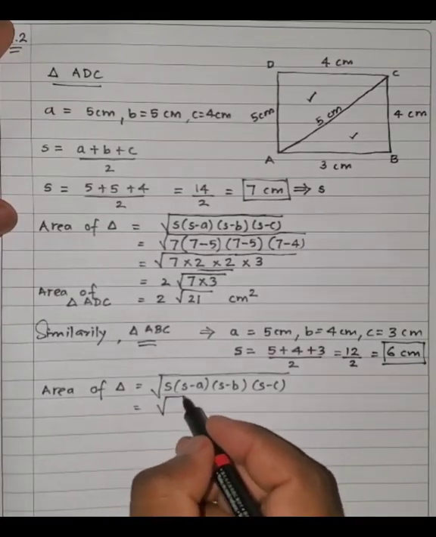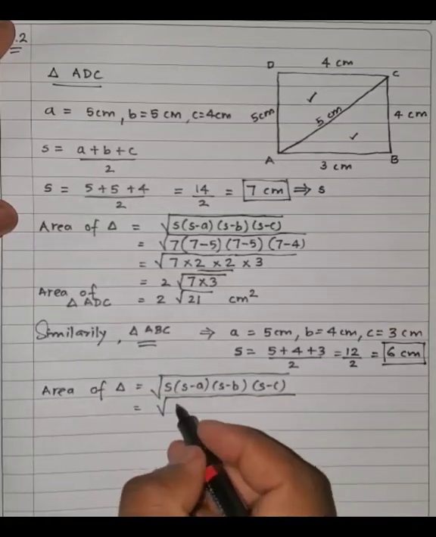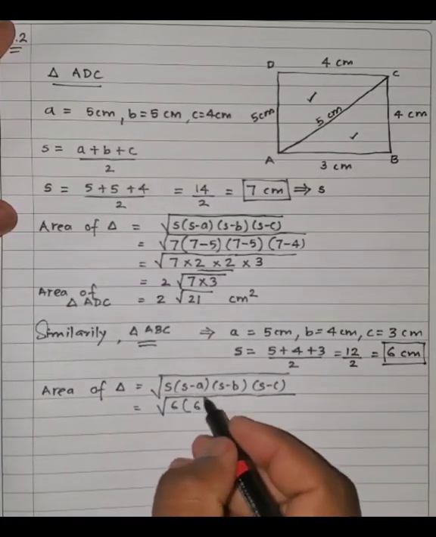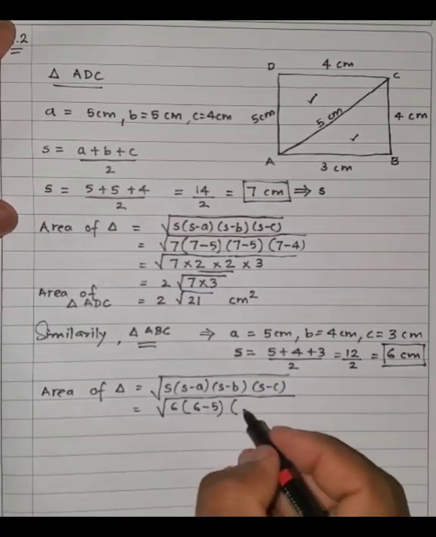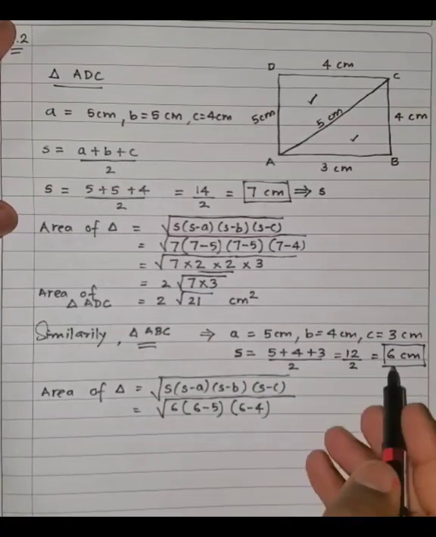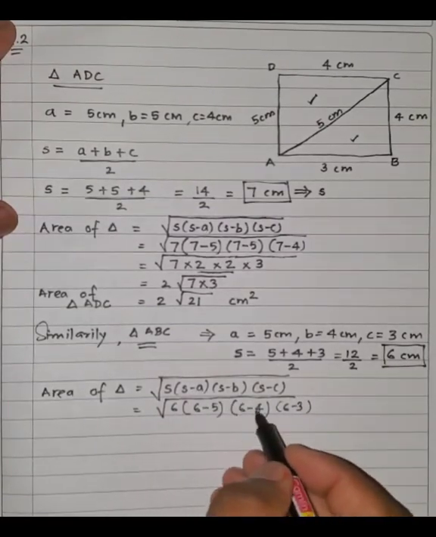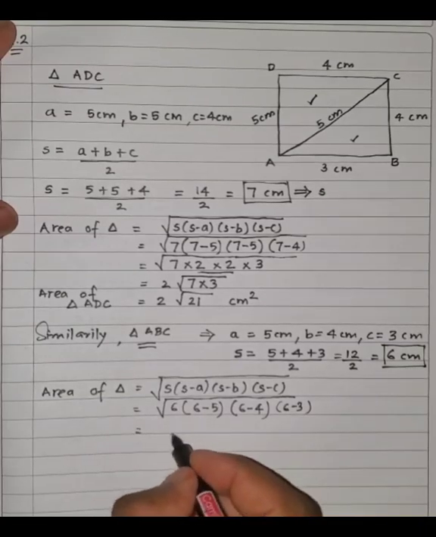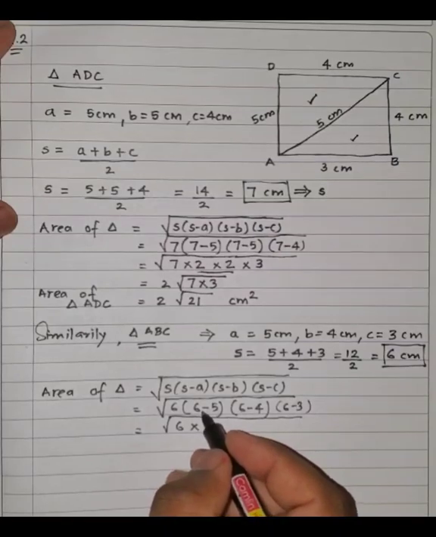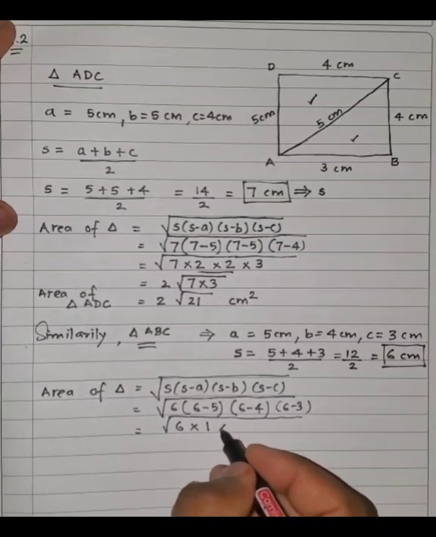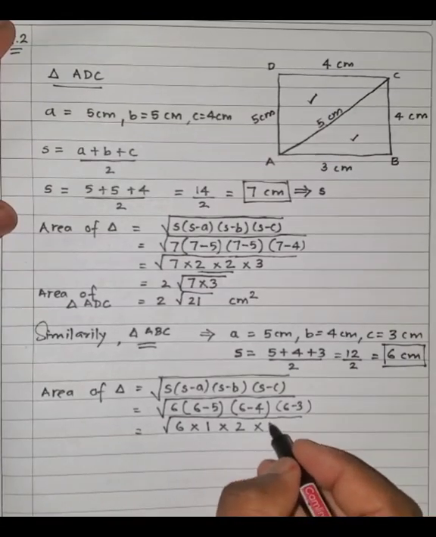What is S for this particular triangle? It is 6. So S minus A is 6 minus 5, 6 minus 4, 6 minus 3. Let me solve the brackets. 6 into 6 minus 5 is 1, 6 minus 4 is 2, 6 minus 3 is 3.